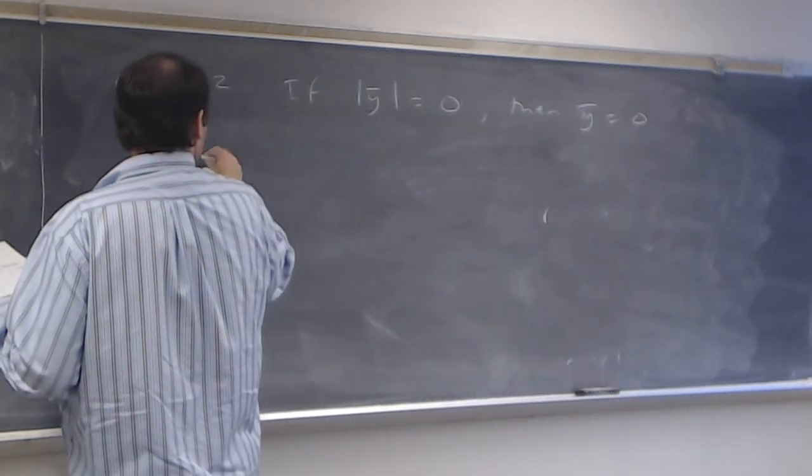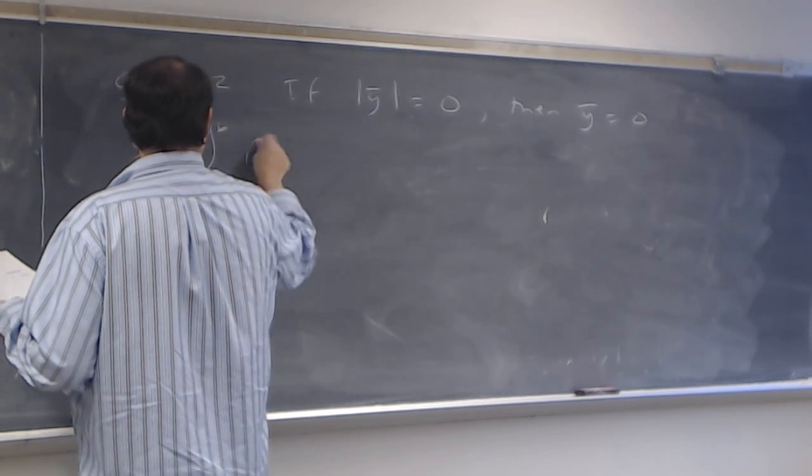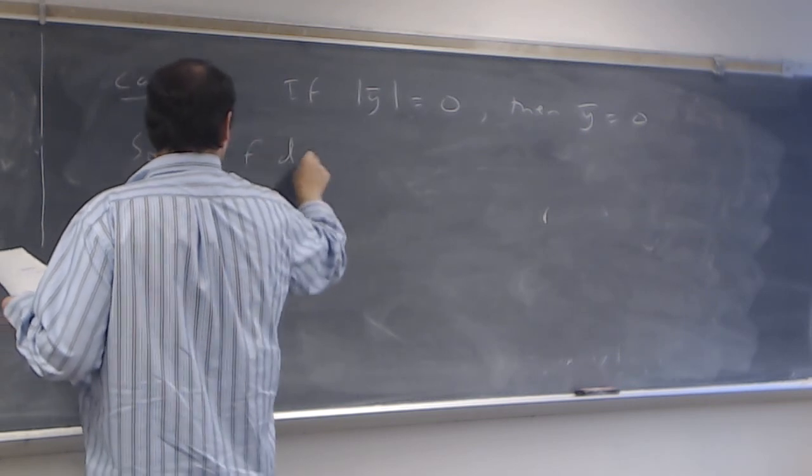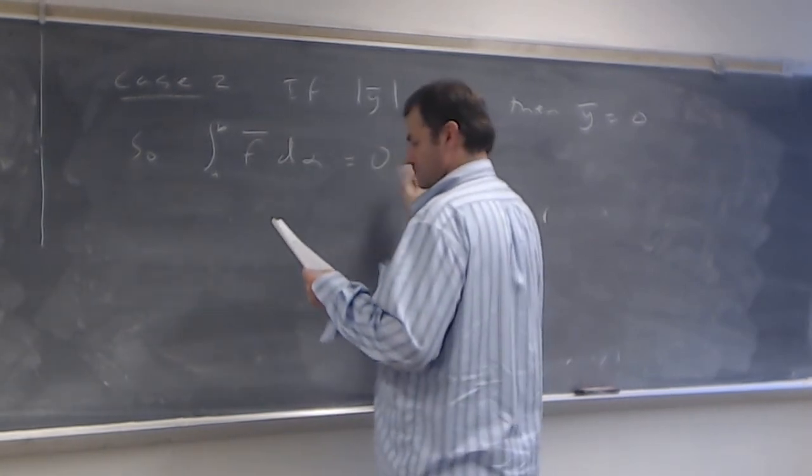So that says that the integral from a to b of f bar d alpha, which is what y bar is, is equal to 0.